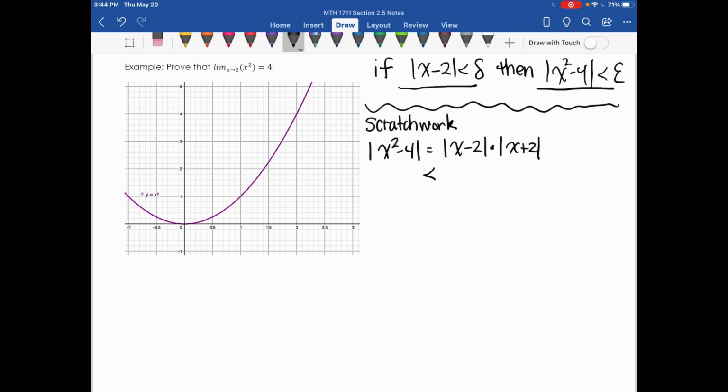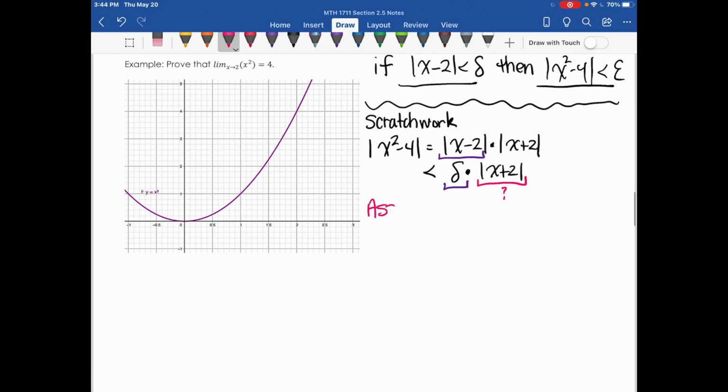Now we know that this is going to be less than delta times the absolute value of x plus 2, because we're going to assume that x minus 2 is less than delta. But now the question is, what in the world do I do with this? Because we want our delta in terms of epsilon. So I have to figure out what to do with that absolute value of x plus 2. And this is where we have to make another assumption.